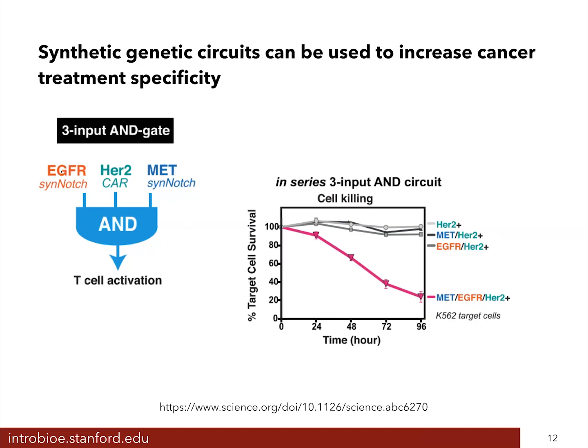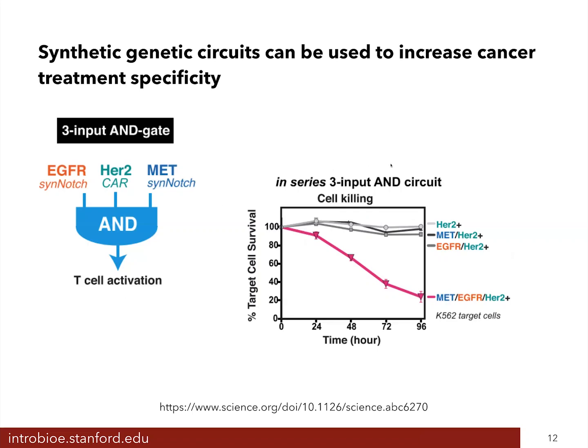By having 3 different input signals, the T cell is able to more specifically kill cancerous cell lines. And this graph on the right is just showing you that it's able to do this very specific targeted killing of cancer cell lines when the 3-input AND gate is used in T cells. We're going to talk more about the mechanism of engineered T cell-based cancer therapies in our Cancer Week.